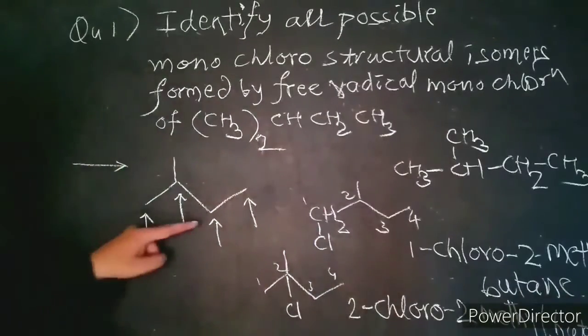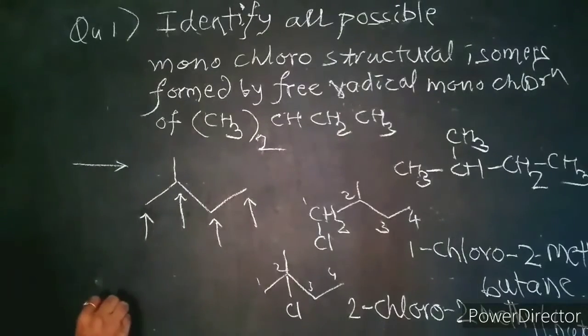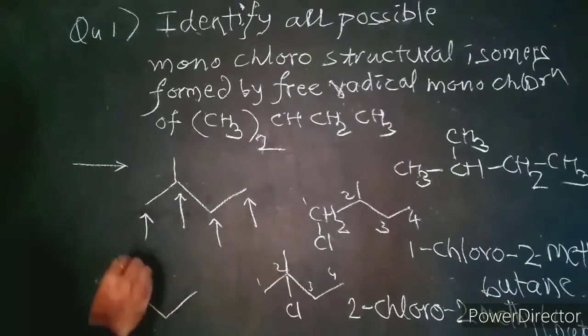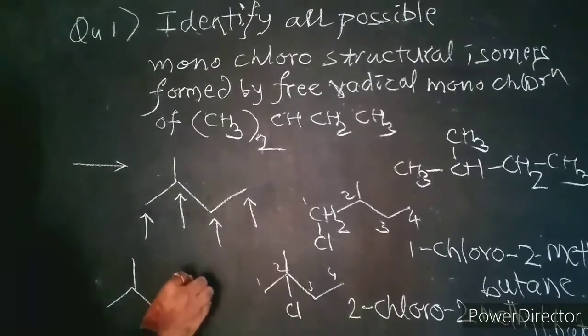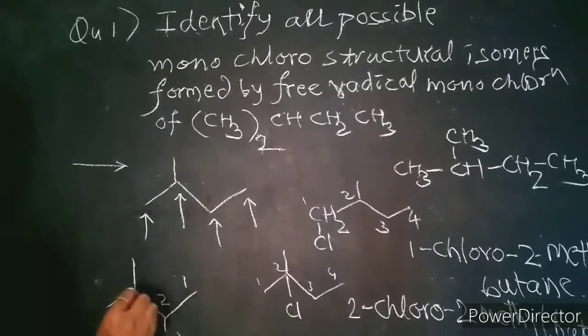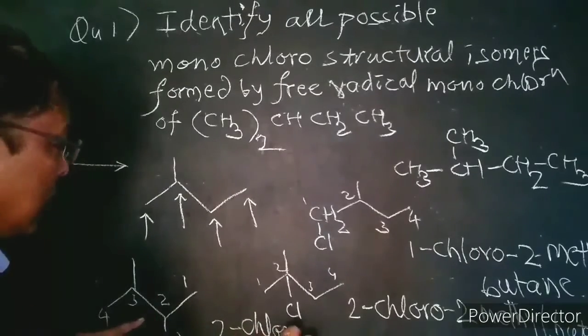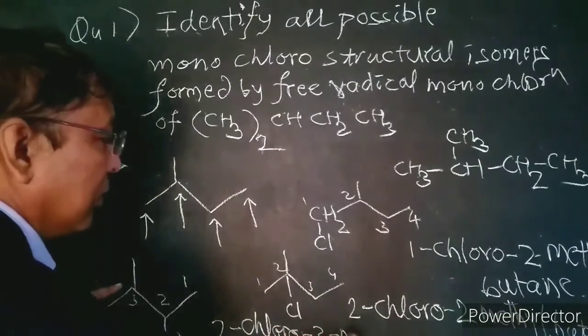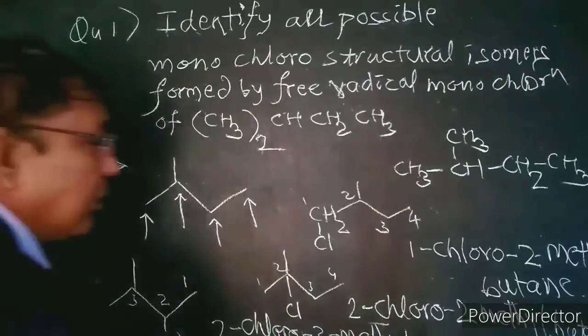Now third, when the halogen atom is substituted here, Cl, now we have to count the carbon atoms from this end. 1, 2, 3, 4. Therefore, 2-chloro-3-methylbutane.